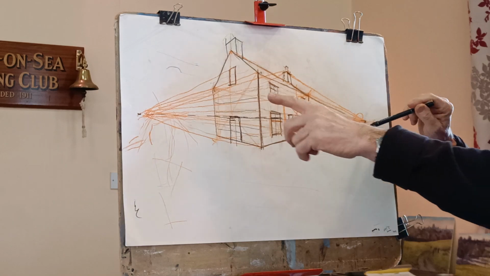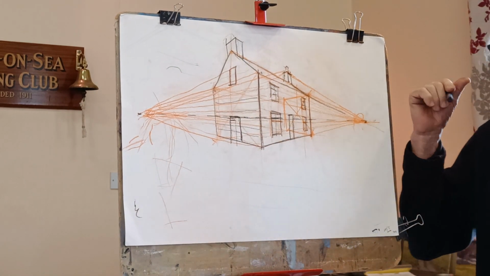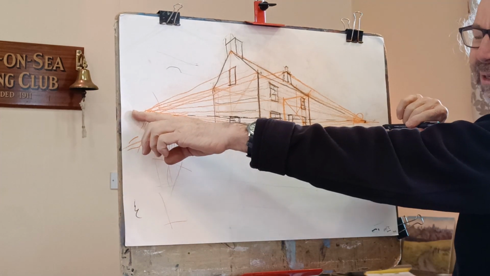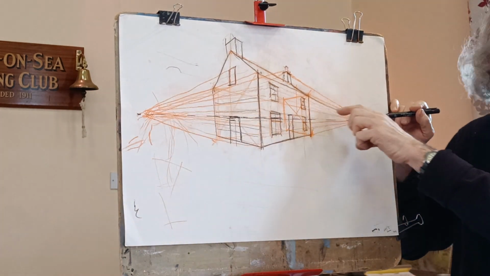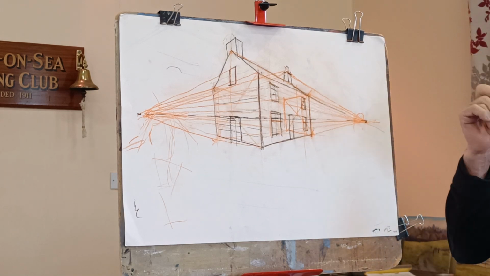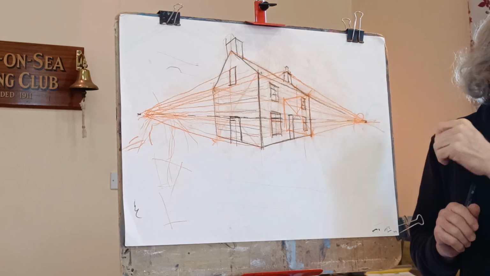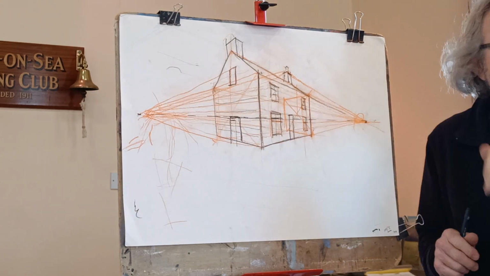You have two vanishing points. Is it all making sense? All coming back? You'll have your two vanishing points, and they will be on your eye level, so they relate to you and where you are in the picture. Or if you're taking a photograph or doing a drawing, that is your eye level.